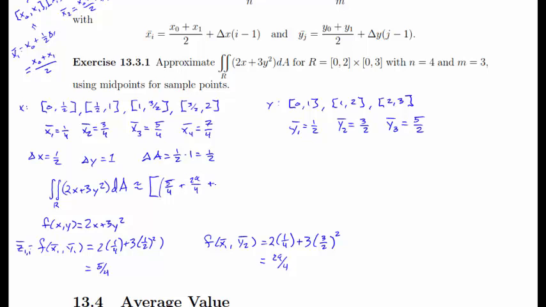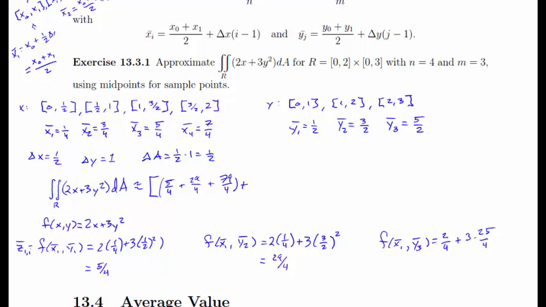I am going to leave that, and I'm going to do this for all three of the y values. So f of x1 bar comma y3 bar is going to be 2/4 plus 3 times 25/4, which is 75, so 79/4.